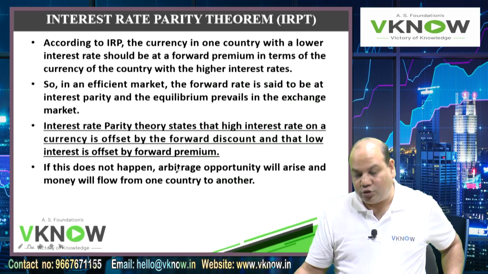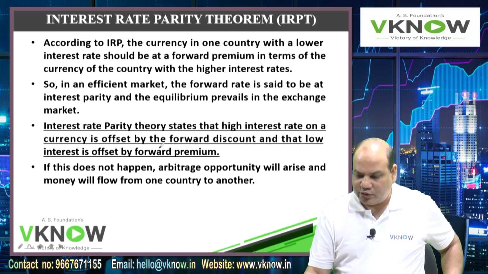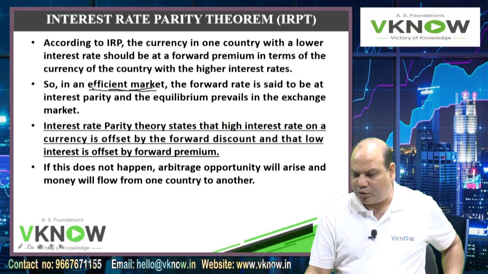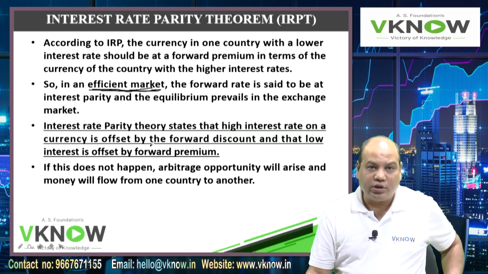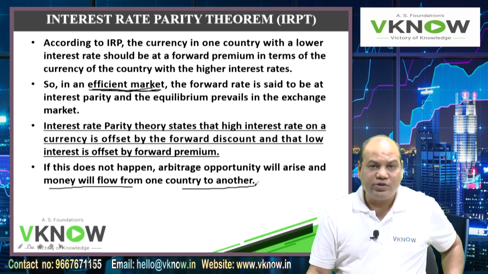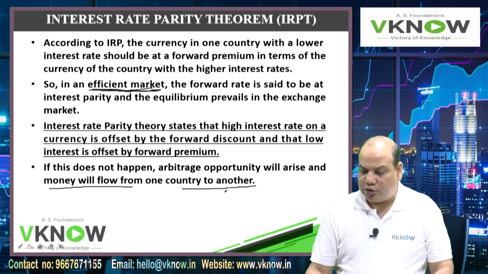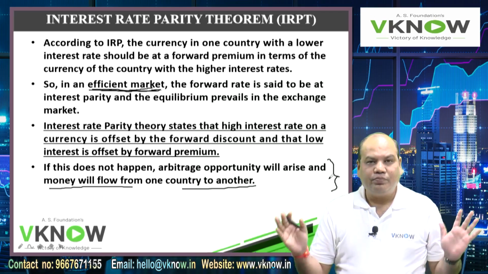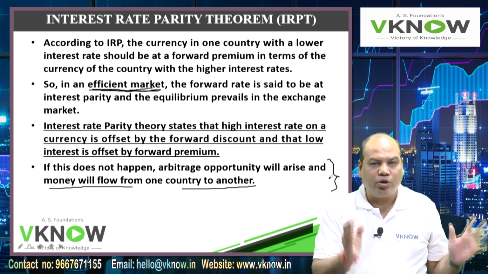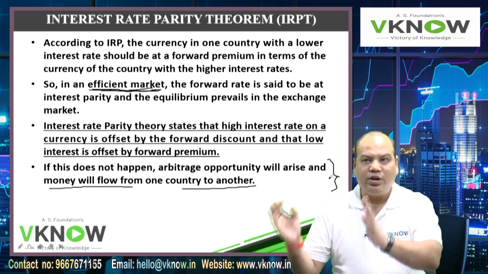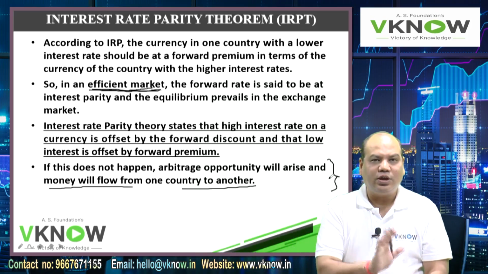If that does not happen, that means if the market is not an efficient market, which is quite possible in the practical world, then the arbitrage opportunity will arise. And then you can borrow in one country and invest in another country. So while solving the questions, you will assume that it is possible to borrow in one country and to invest in another country.